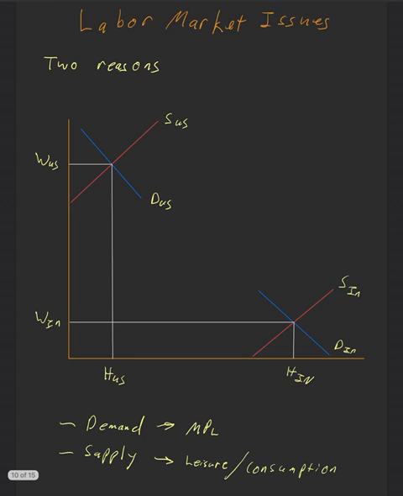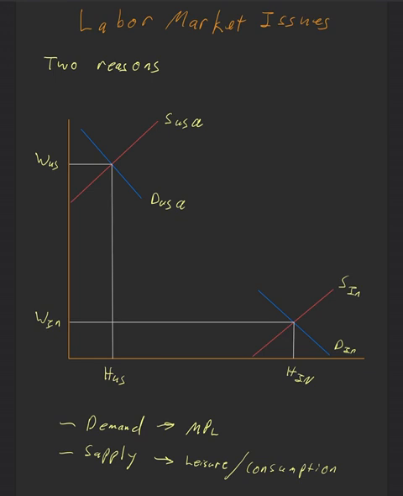Okay, so let's take a look at what this might look like in practice. Let's say we have the supply curve for the USA and the demand curve for the USA, right? The labor market trade-offs are very high, and this is because the alternative uses of your time in terms of leisure for an individual, for a household in the United States is very high.